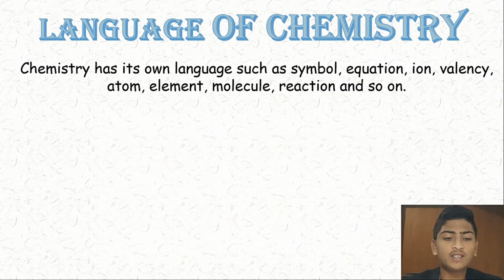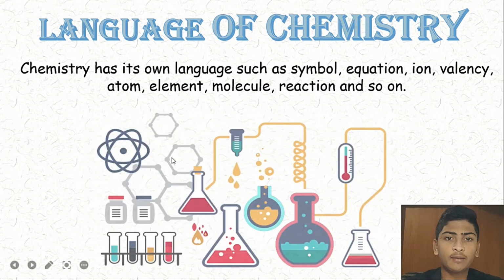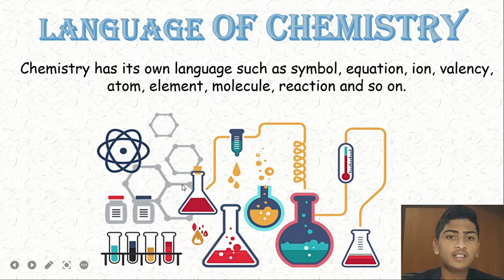English has separate grammar and literature, and Kannada again has grammar and literature, or Hindi again grammar and literature. Like that, every subject has subtopics in it. Here, language of chemistry means how chemistry has its own language such as symbol, equation, ion, atom, valency.